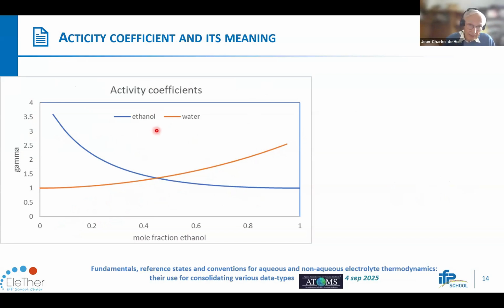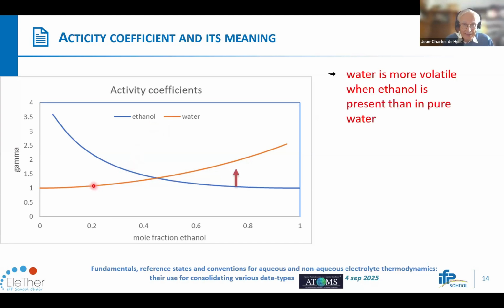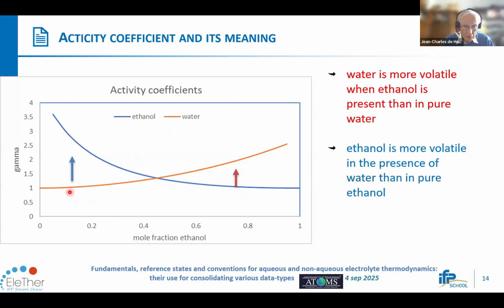It may be methanol or ethanol-water, and these are simple alcohols. Later on, we're going to look at higher alcohols, but that's another story. The activity coefficient is larger than 1, which means that water is more volatile when it is in ethanol than in pure water, and the same thing for ethanol. So far, nothing really exciting.